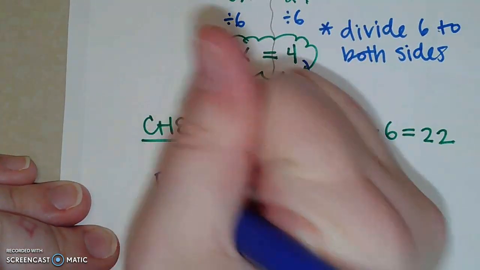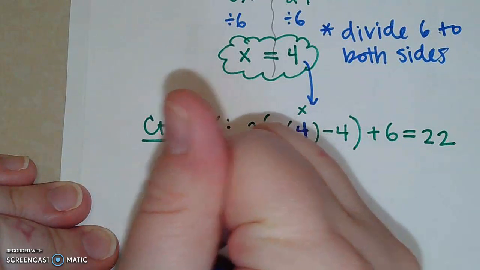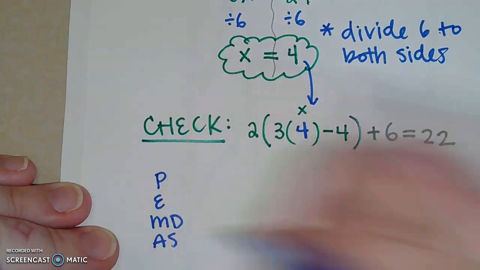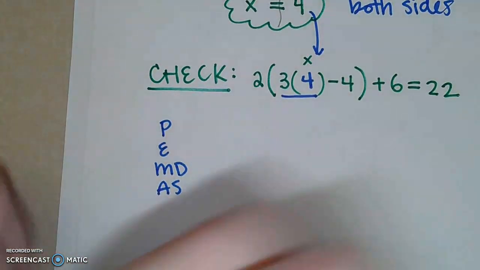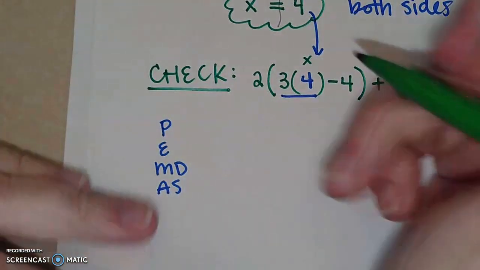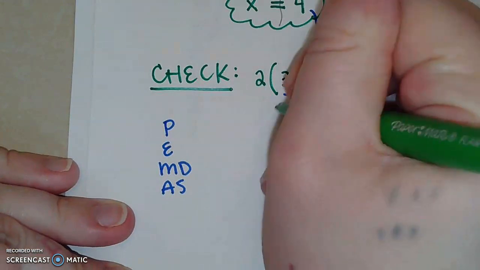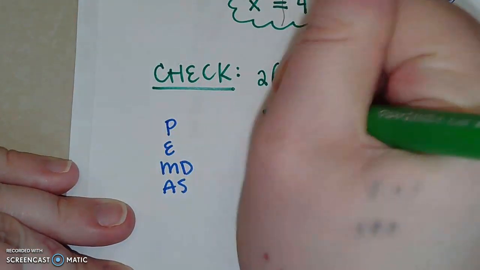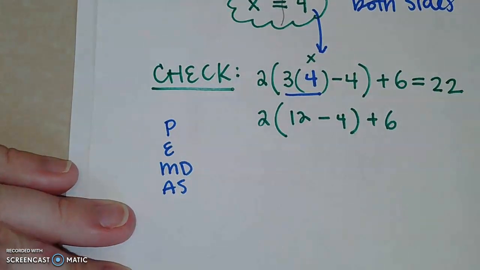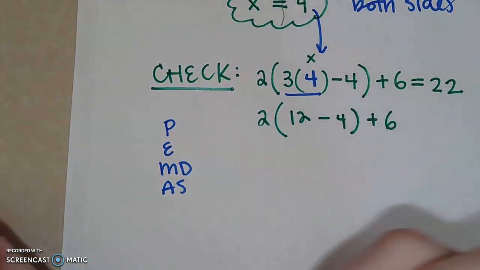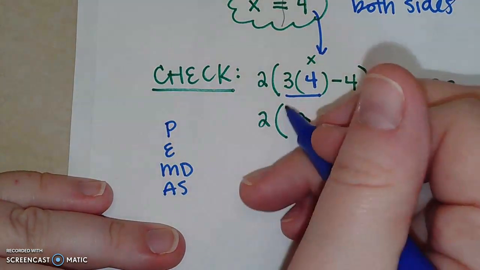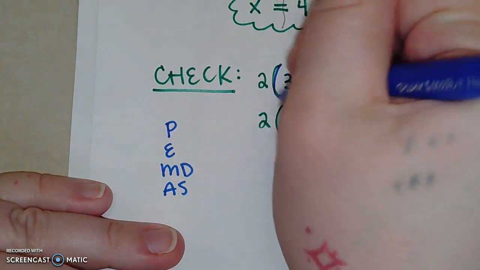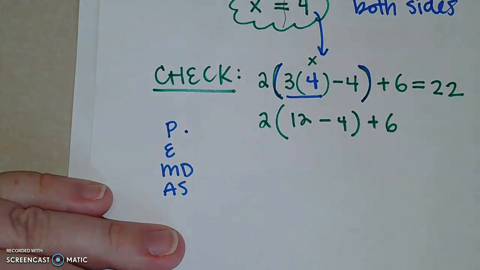So let's remember our order of operations, also known as PEMDAS. I will start with 3 times 4, which is 12. I'm just going to write the left side, save the equals 22 to the very end. I start with the P for parentheses.